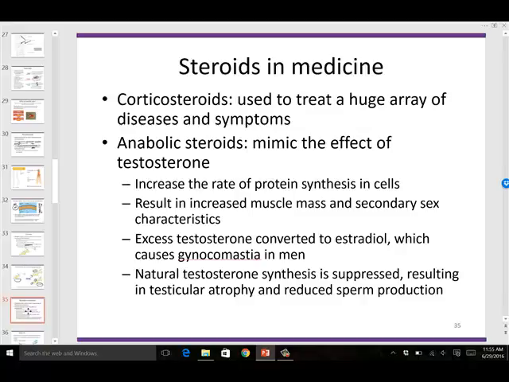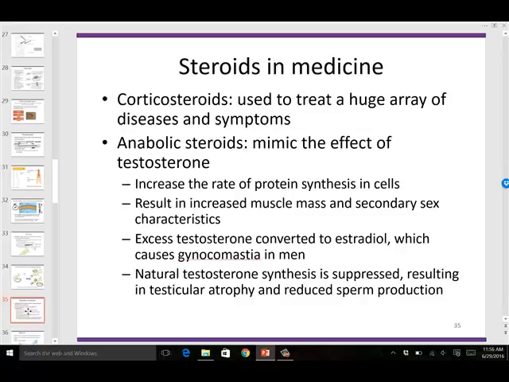Now if you go off those steroids though, suddenly your own natural production of testosterone can't keep up, and you've got a relatively low amount of testosterone and a lot of leftover estrogen, which means that you get female secondary sex characteristics, and one of those is gynecomastia.